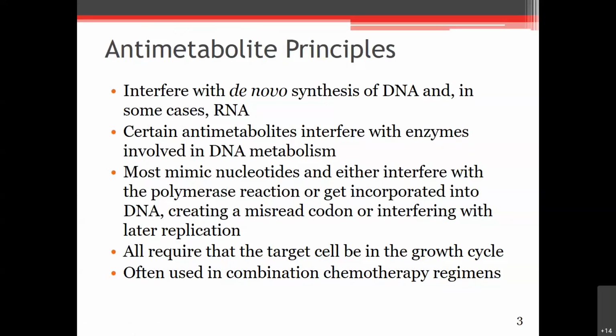All of the medications we're going to talk about for antimetabolites, they do require that the target cell be in the growth cycle. And as you're probably familiar, many of these medications are used as part of combination chemotherapy regimens.